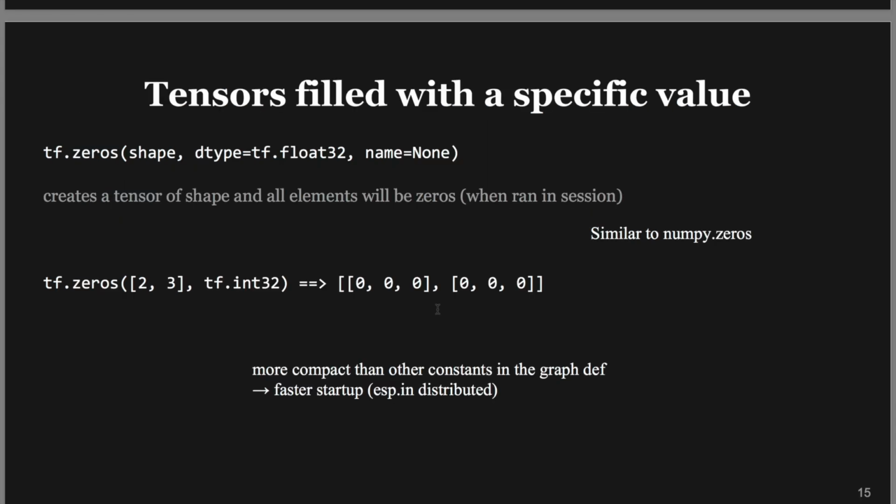Now tf.zeros and tf.ones are very important when you want to create tensors which are pre-filled with certain values. So for tf.zeros(shape, dtype=tf.float32), what happens is it will create a tensor of this shape, and it will fill all the elements with zeros.